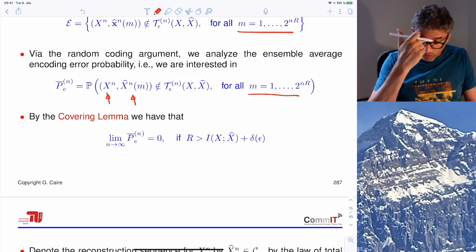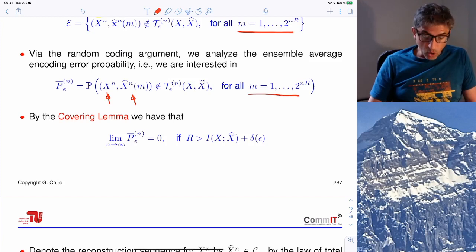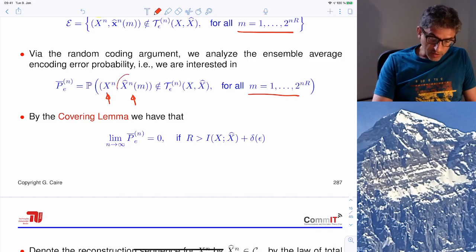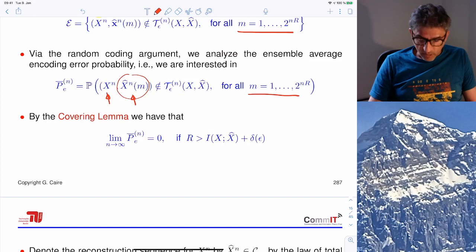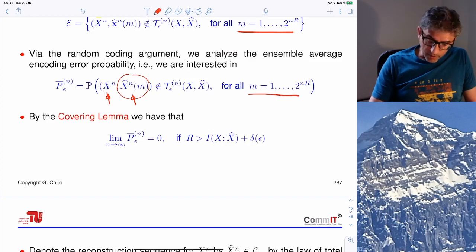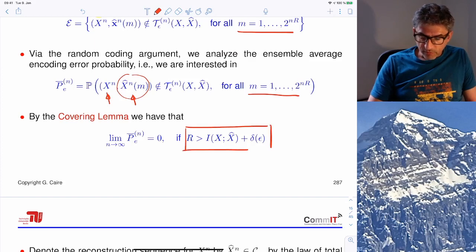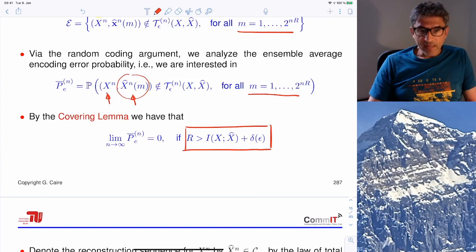And we know that this probability goes to 0 provided that the set of generated code words is large enough, and in particular that the exponent R must be larger than the mutual information of x and x hat plus some small quantity delta of epsilon that vanishes when epsilon vanishes.